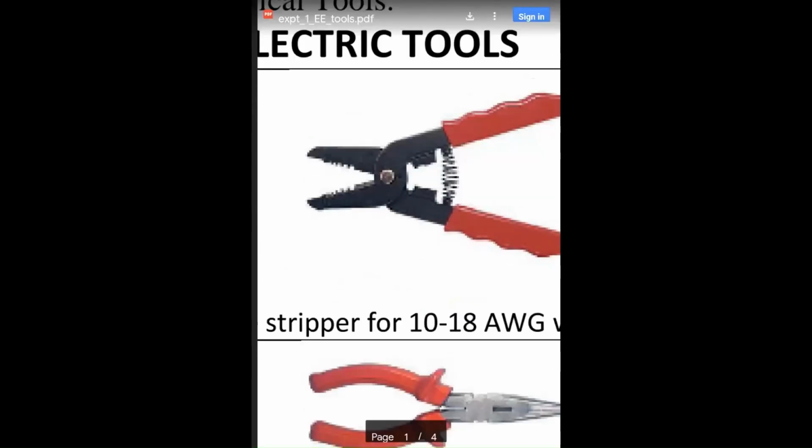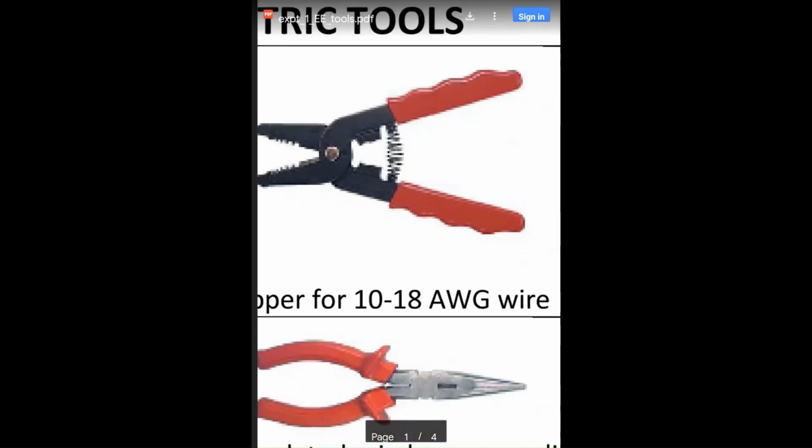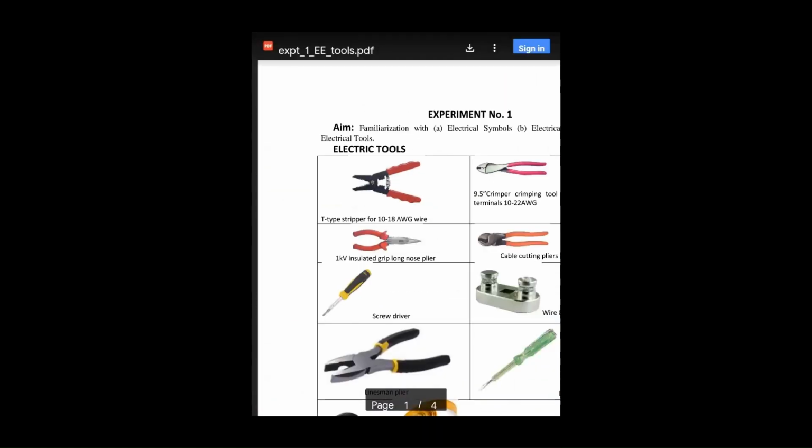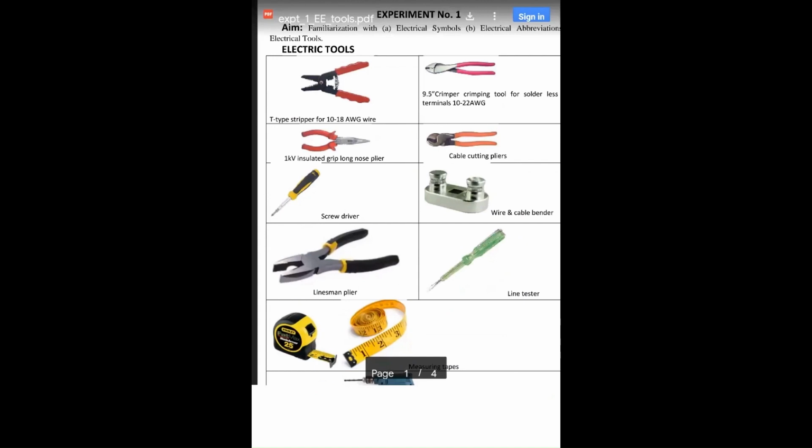So it helps in removing that PVC coating over the conductor so that the conductors can be joined. And another thing is the AWG wire. What is this AWG? AWG is the American wire gauge. What does this wire gauge do? These are the two types of wire gauges which are more common. First is the AWG, and next is the SWG, standard wire gauge.